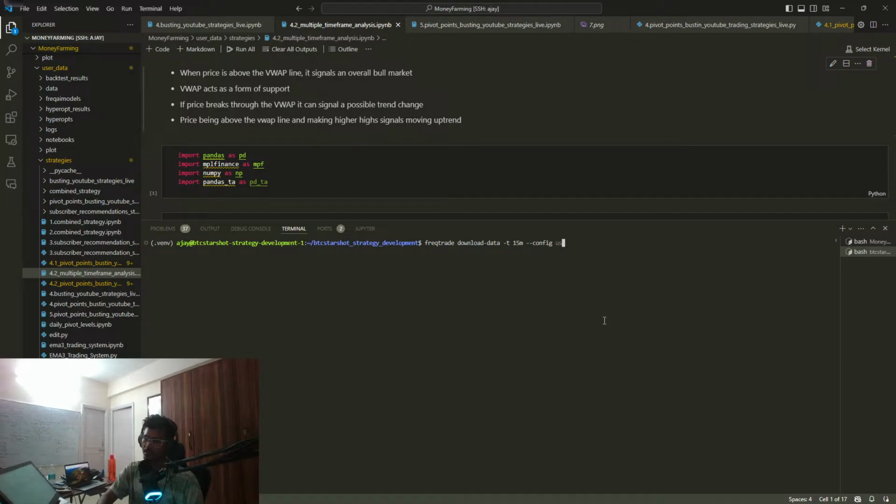Let's get the latest data as well. Exchange Binance.